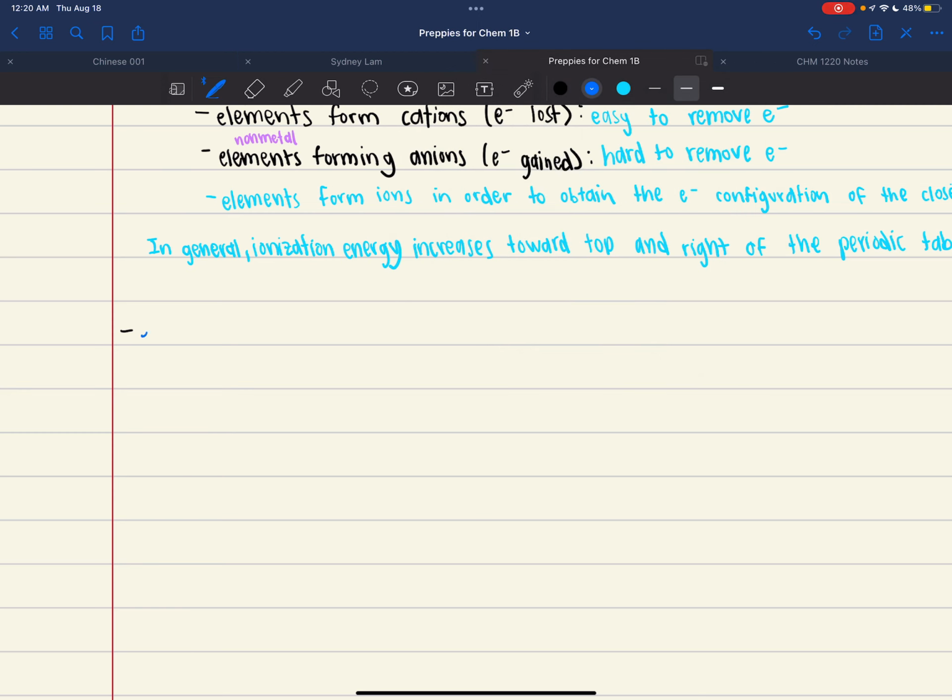That is the measure of an element's desire to gain an electron.